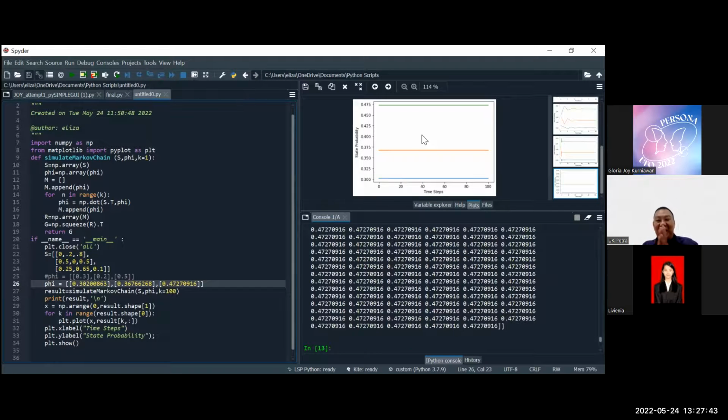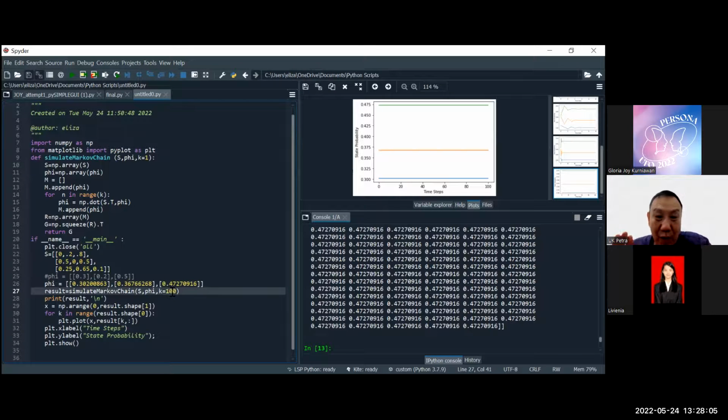Wow. So this is actually the stationary distribution. Can you see that? When you start with the initial value of the stationary distribution, then it's always the stationary distribution. It will not change.